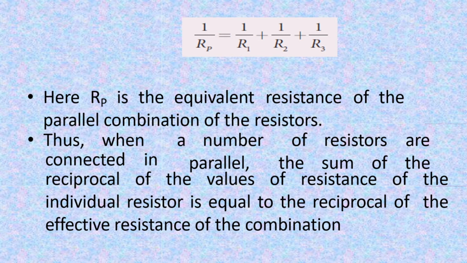Thus, when a number of resistors are connected in parallel, the sum of the reciprocals of the values of resistances of the individual resistors is equal to the reciprocal of the effective resistance of the combination. So 1 over Rp is equal to 1 over R1 plus 1 over R2 plus 1 over R3.